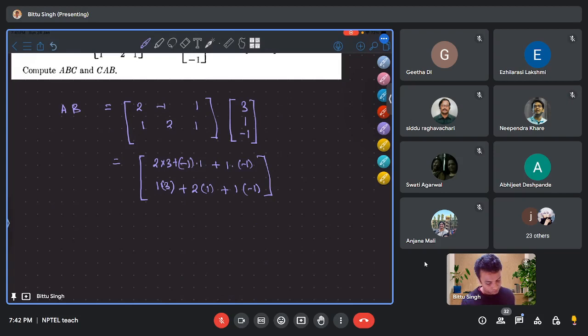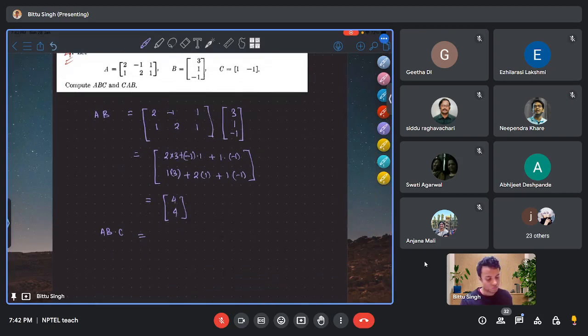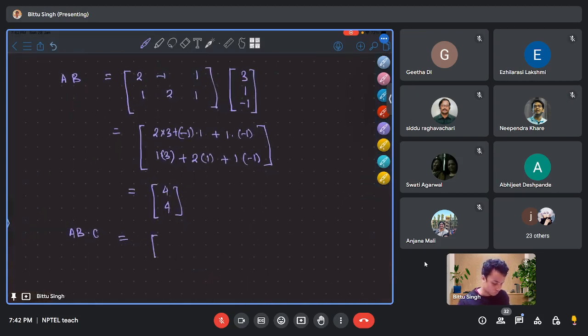Okay. So what is this? This is 6 minus 1, 5, and another minus 1, that is 4. And the second thing is 3 plus 2, 5, minus 1, 4. So now AB times C. C is 1, 1, minus 1 row.